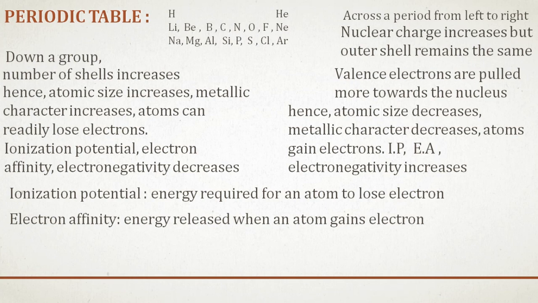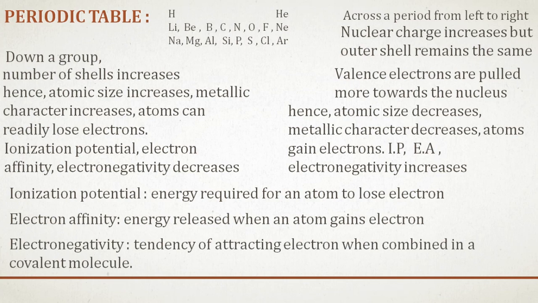Now, if I want to add an electron, energy will be released, and the energy released will be less as we go down a group. That is why it is written that electron affinity decreases. As the distance is also more, less energy will be released. But across a period from left to right, electron affinity and ionization potential both increase, but down a group they decrease.